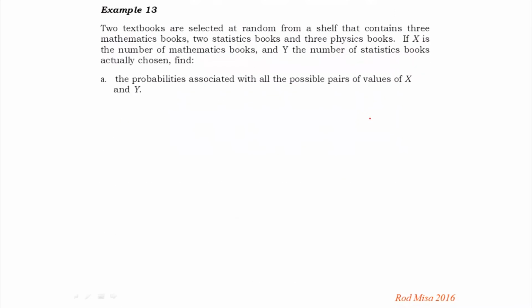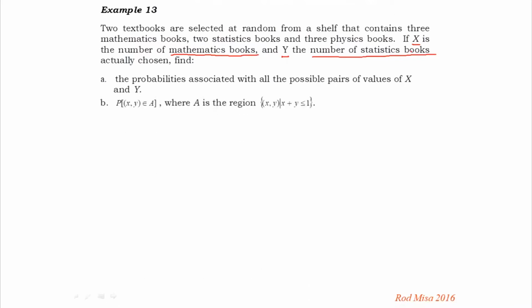Now, let us illustrate that concept in an example. Two textbooks are selected at random from a shelf that contains 3 mathematics books, 2 statistics books, and 3 physics books. Letter A: if the random variable x is the number of mathematics books and the random variable y is the number of statistics books actually chosen, find the probabilities associated with all possible pairs of values of random variables x and y.